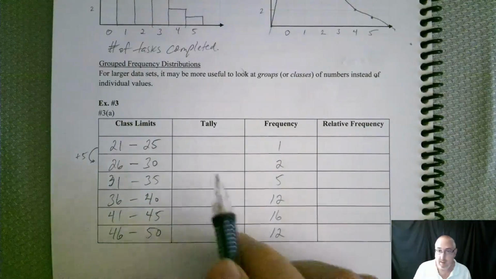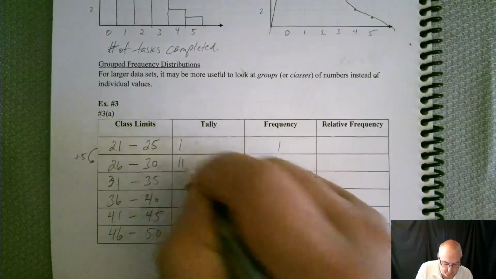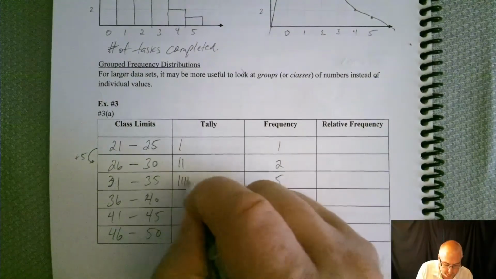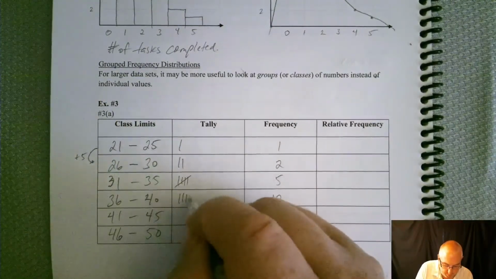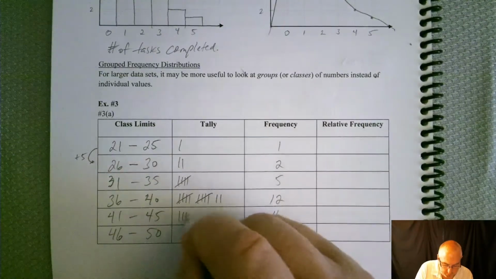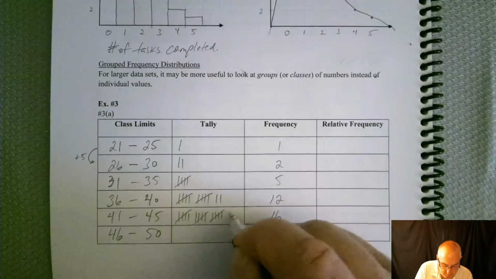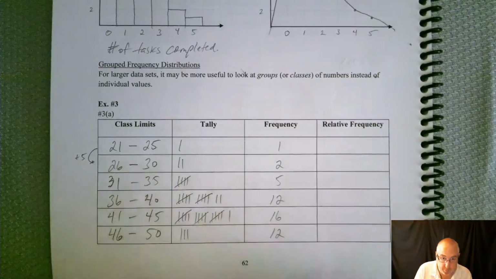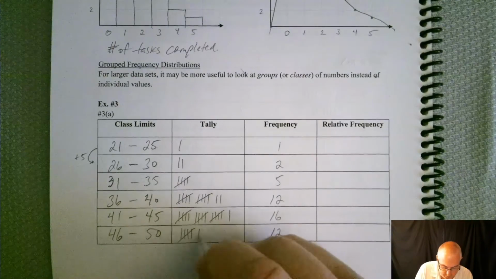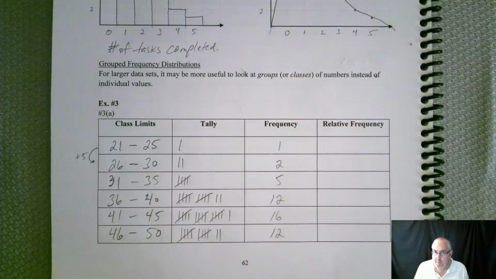So I bypassed all of the tally stuff, but obviously if you wanted to fill those in, we could do that pretty quick. And then once you have all of the tallies done, then we got to worry about those relative frequencies. So that's what the tallies would look like if we had gone through and just counted appropriately.